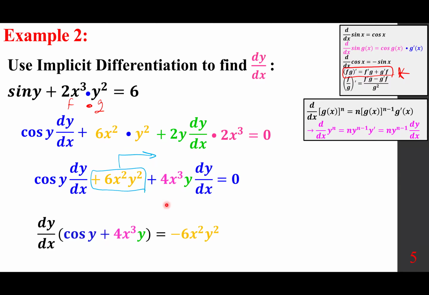So again, these two, we factor out the dy/dx, and this guy moves, becomes minus 6x squared y squared.